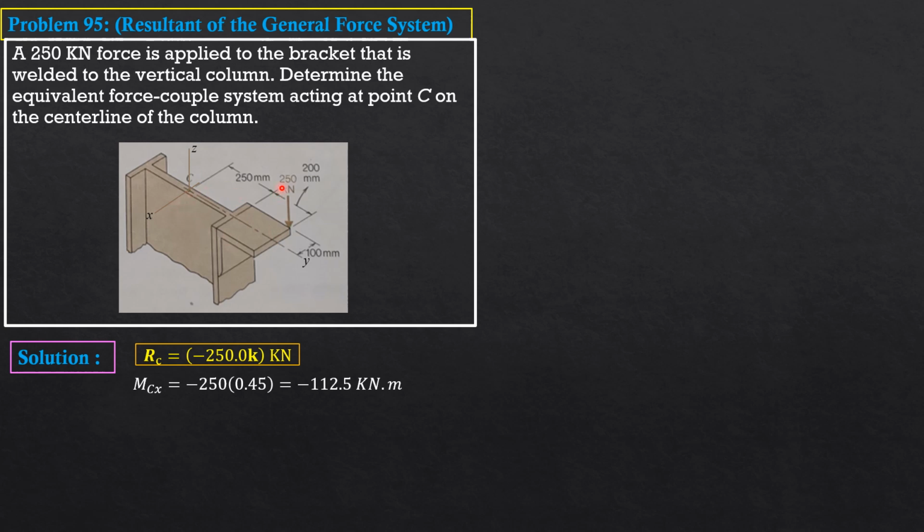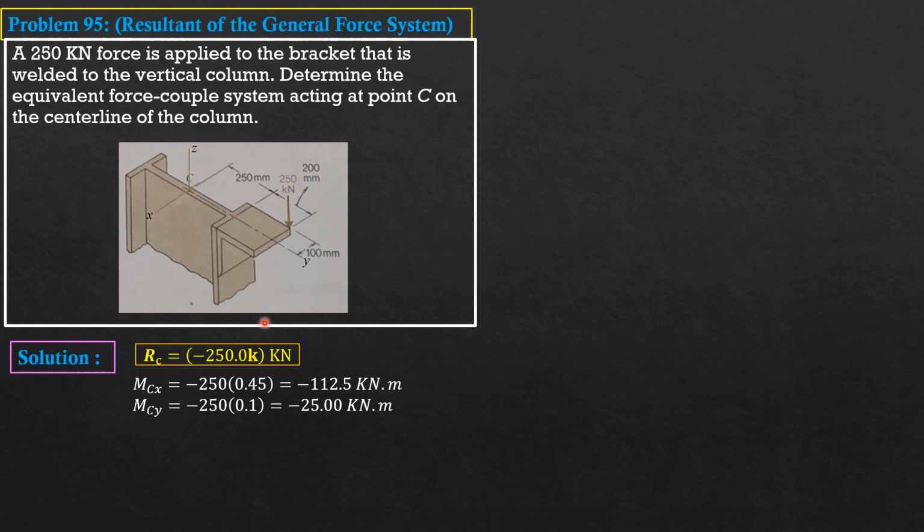But the moment of the 250 kilonewton force is clockwise, so it is negative 250 times 0.1 for MCY. So it is negative 25 kilonewton meter. Of course, there's no MCZ because the force is parallel to the z-axis.